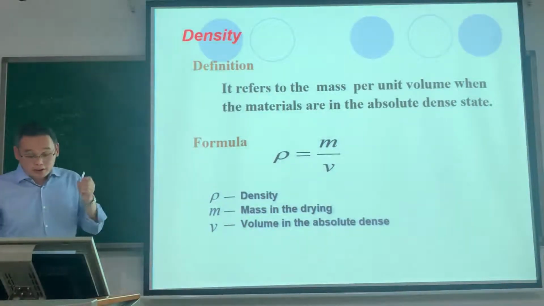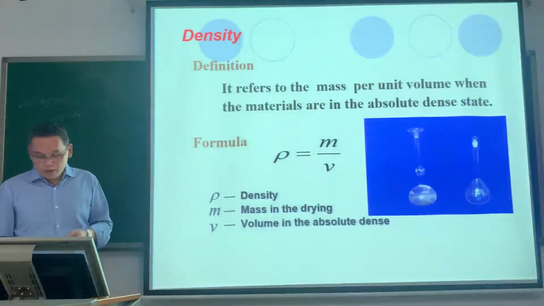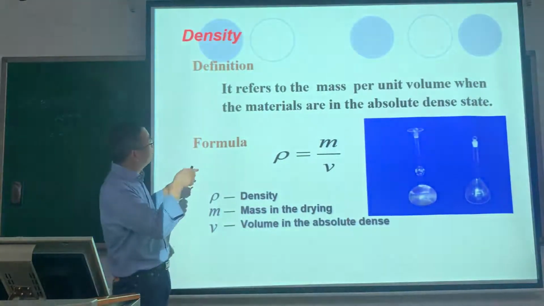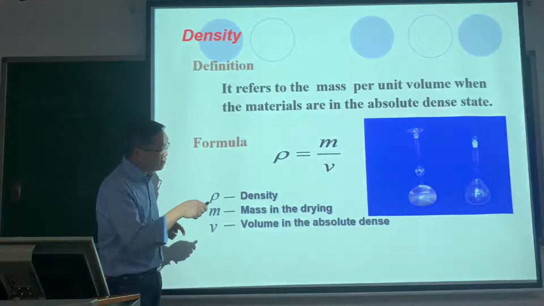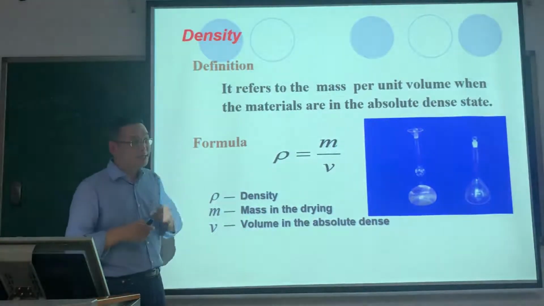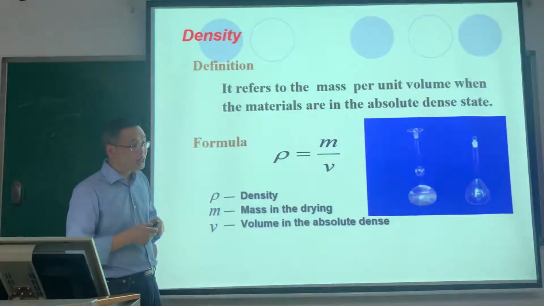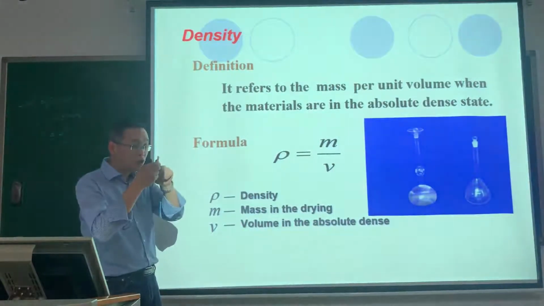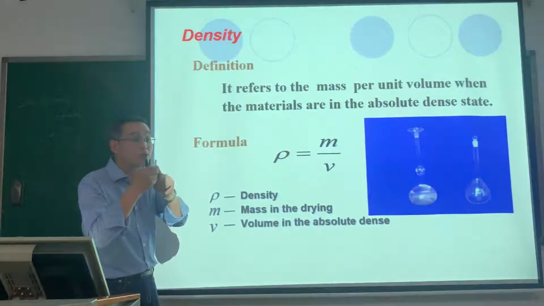The second point: if we want to get the absolute dense state, we need to grind it. For example, chalk consists of powder.